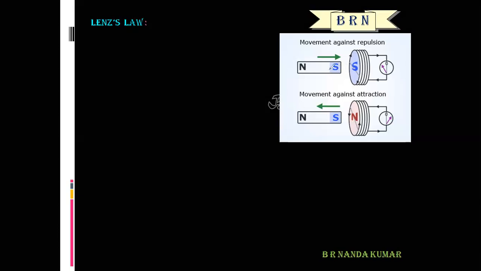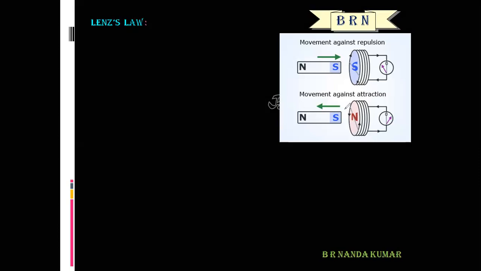When the south pole of the bar magnet is taken away from the coil, again the number of magnetic field lines passing through the turns of the coil changes. EMF is induced in the coil and produces an induced current that flows in the anti-clockwise direction. This one opposes the further change of the magnetic flux.